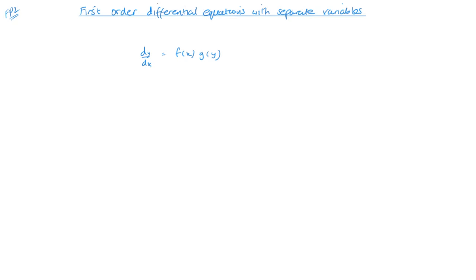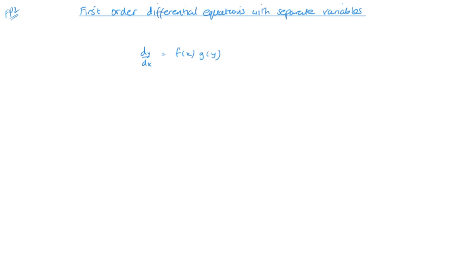And the way you solve these is basically, although it's not entirely true, like you can't just multiply by this dx, it does work out in that kind of way.